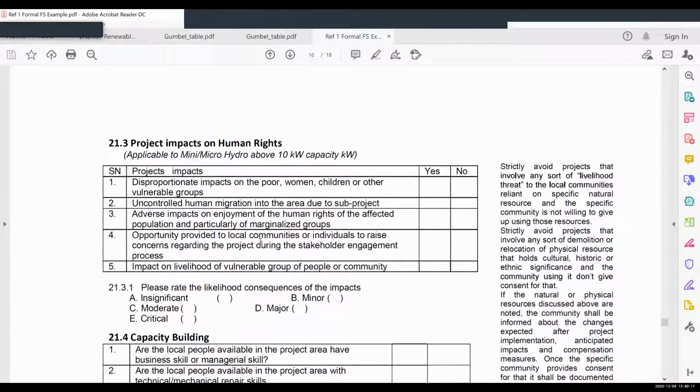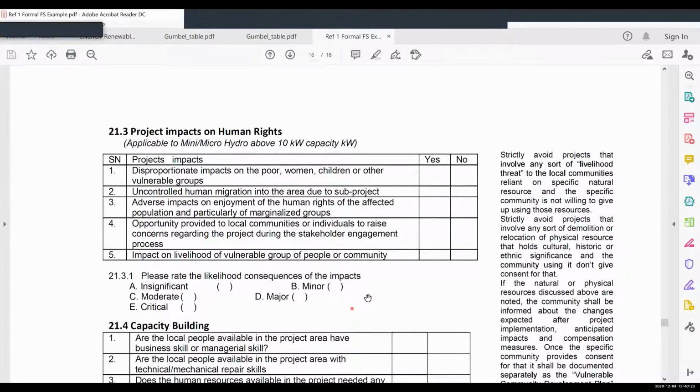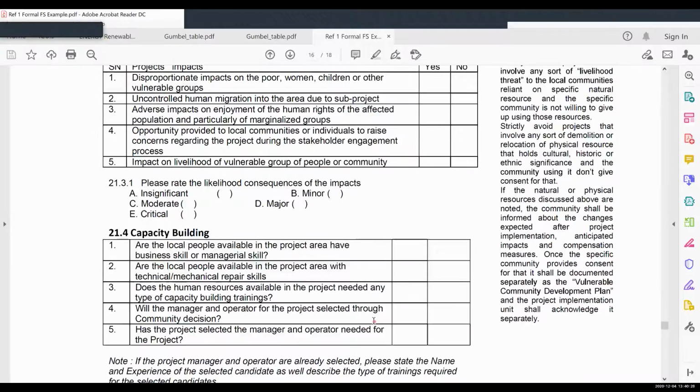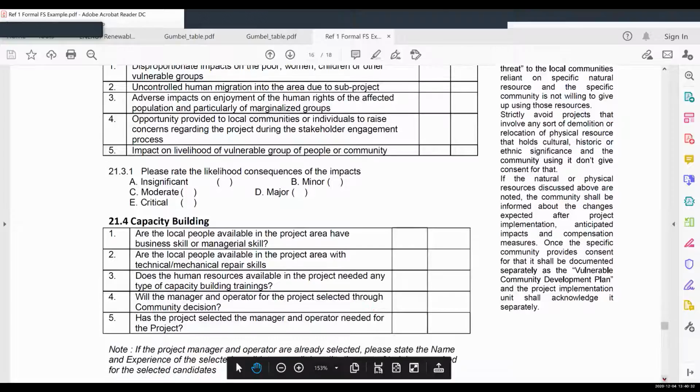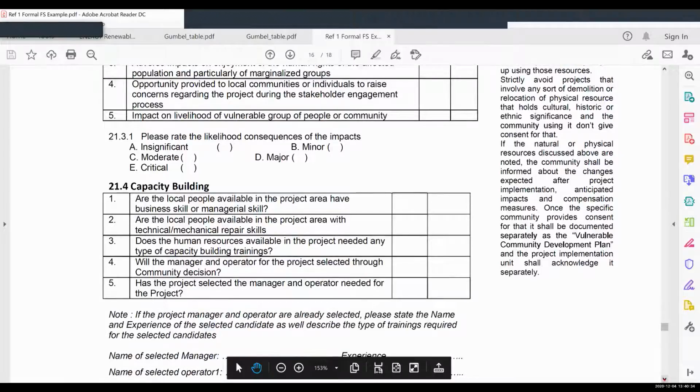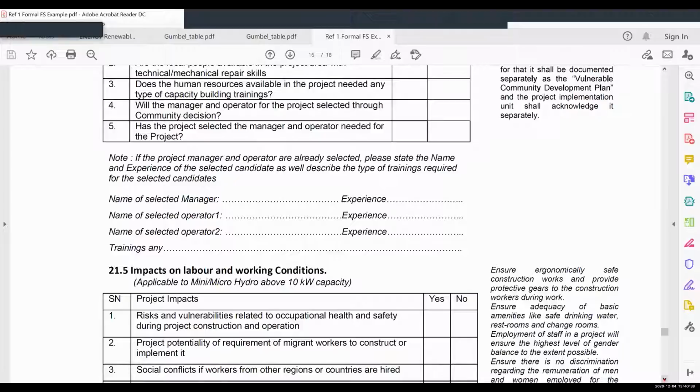Sometimes these projects may have such unwanted impacts. What are the capacity building needs of the project? Do the people there have the capacity to operate this power plant? All these things should be thought through. What are the impacts on labor and working conditions? What other things have to be there too?